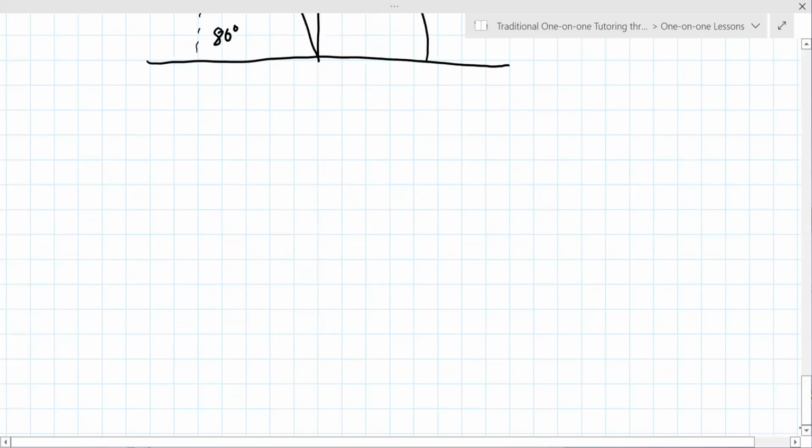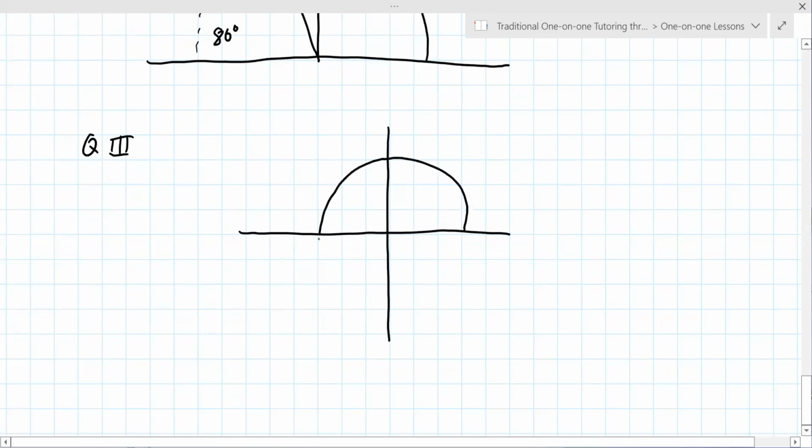Okay, now let's go into quadrant 3. I'm going 90, 180, and another, so this is 210 degrees. 90 gets you here, 180 gets you there, but we want the angle with the x-axis. You're actually going back. So the reference angle is 30 degrees.